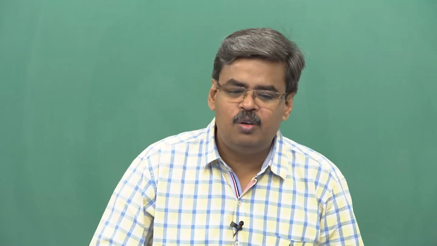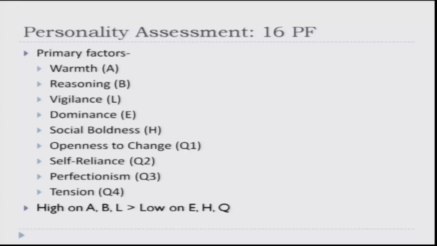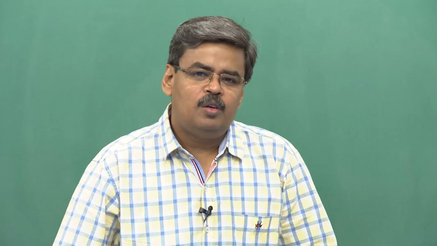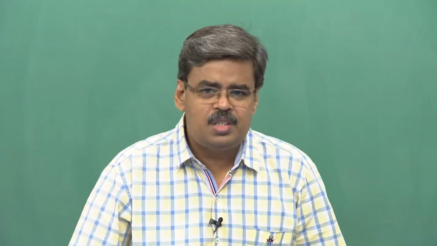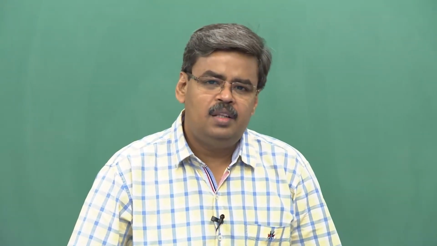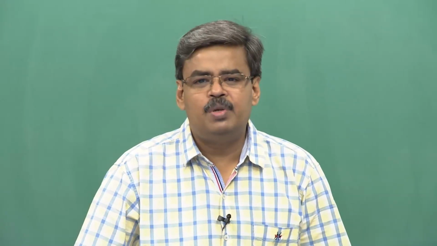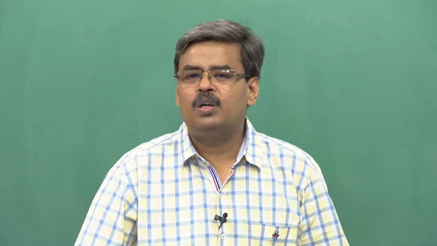Like if you are high on A, B and L, that is warmth, reasoning and vigilance, then you are bound to be low at E, H and Q. E is dominance, H is social boldness and Q are basically openness to change, self-reliance, perfectionism and tension. Okay. So, 16PF creates an interesting type of situation where you have 16 different characteristics, and then you are assessed on the basis of what you are high at and what you are low at.